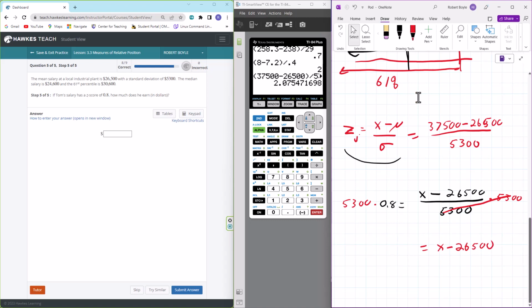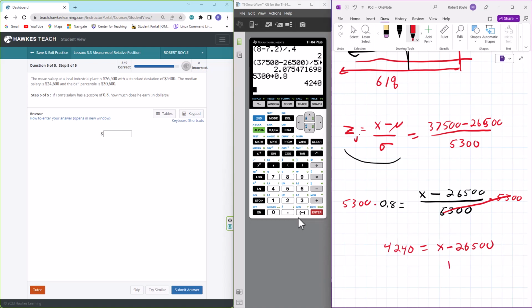And over here, we will have 5,300 times 0.8, which is 4,240.